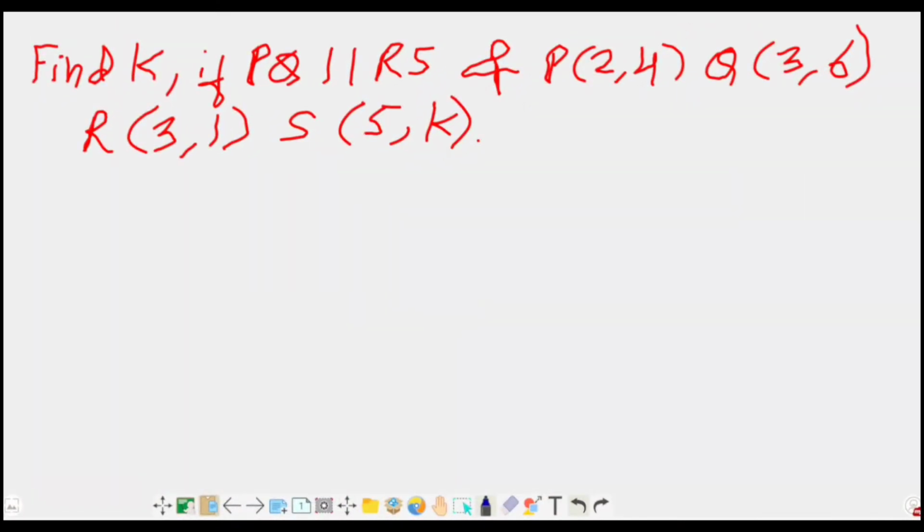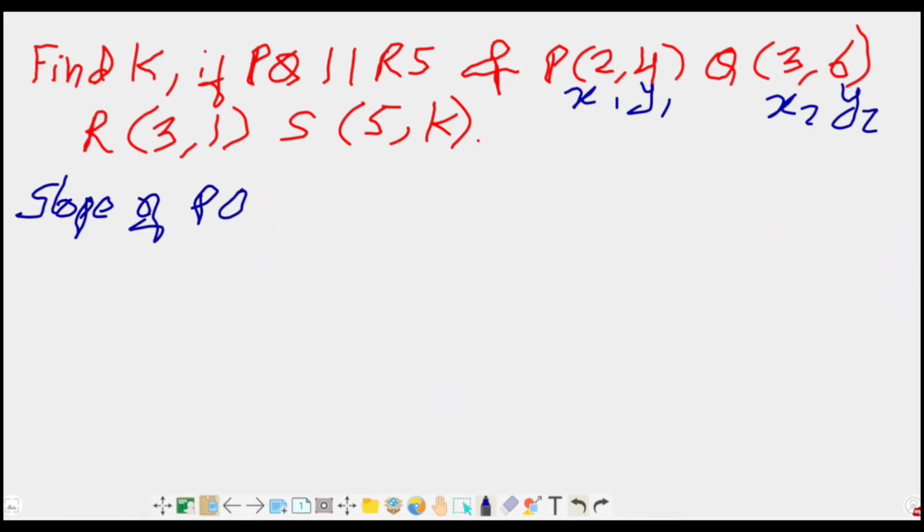Now, find k if PQ is parallel to RS and the coordinates of all the 4 points are given. Same concept we will apply. First I am considering this as x1, y1 and this as x2, y2. First I will find out the slope of PQ. Now my slope of PQ, you know the formula.